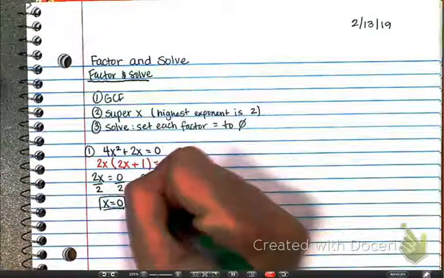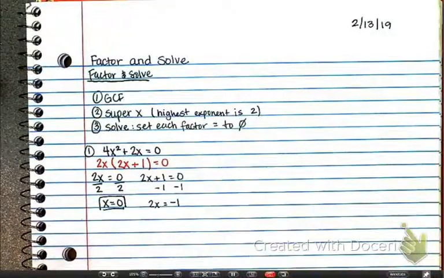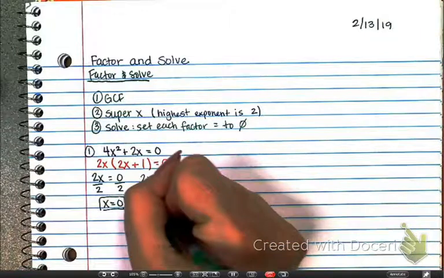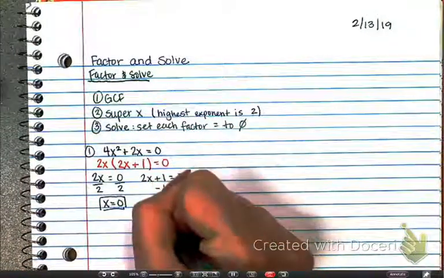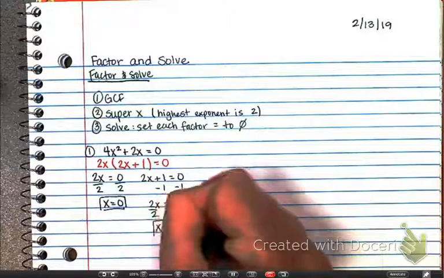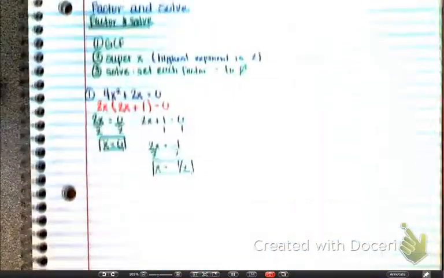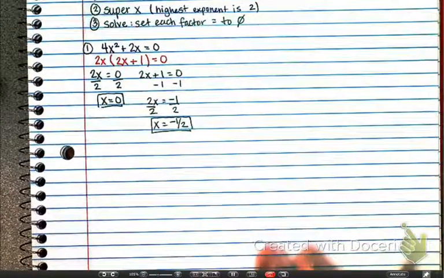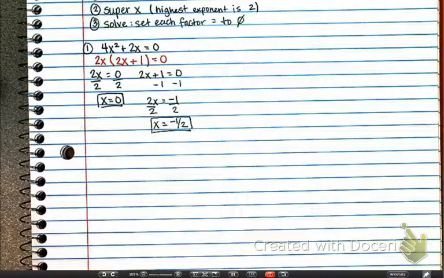So 2x equals negative 1. Divide by 2. x equals negative 1/2. Okay, we are factoring and solving.